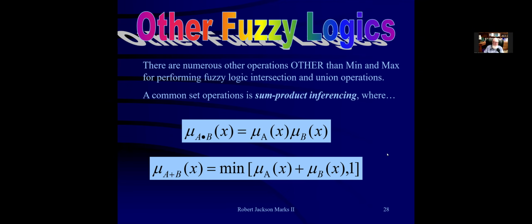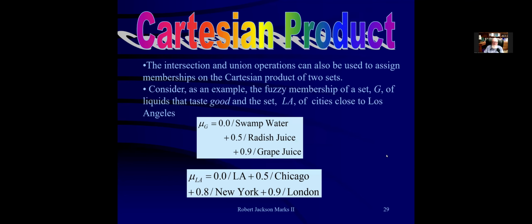I think that next time when we meet, we'll talk about making ands and ors between two dissimilar things. What, for example, if I have, this is just a little tease, the membership function of a set G, which has to do with liquids that taste good.